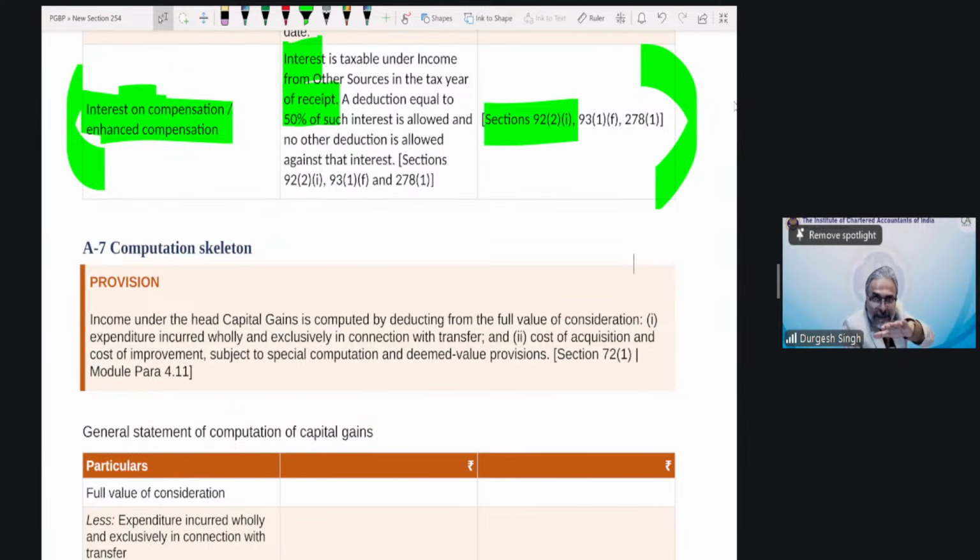Though the block still exists, some of the assets in the block are sold at a price so high that the opening WDV and the actual cost have already been absorbed in that selling price, and the excess selling price has resulted in capital gains.